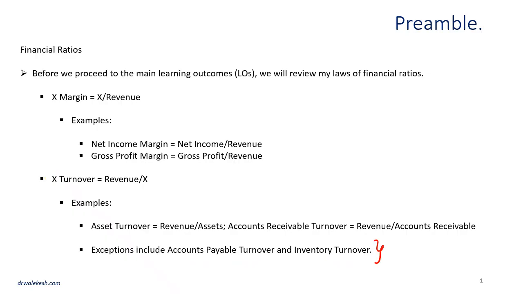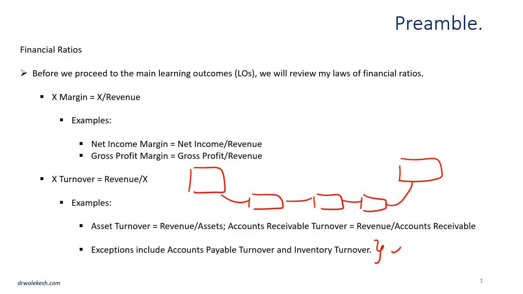So that we are all on the same page on these exceptions to the rule, let's look at this diagram. We have the suppliers here. Then we have raw materials, work in progress, and we have finished goods. Then your customer is here.